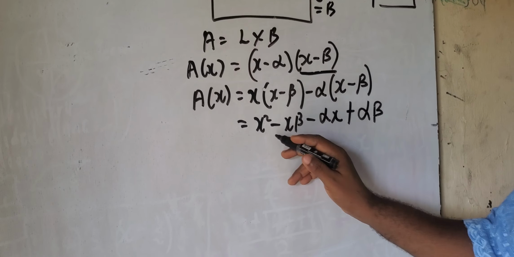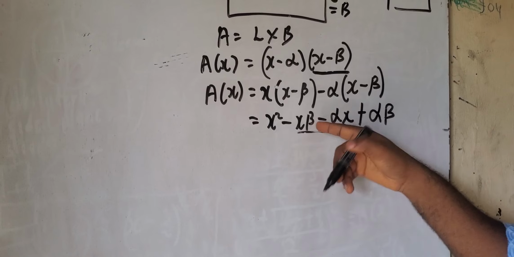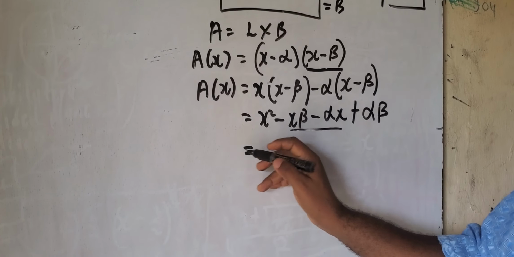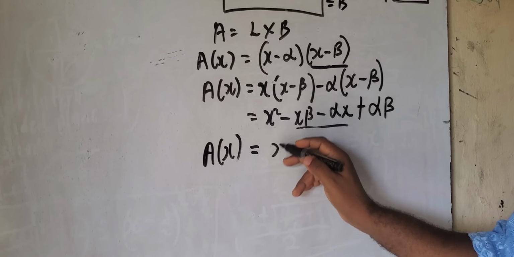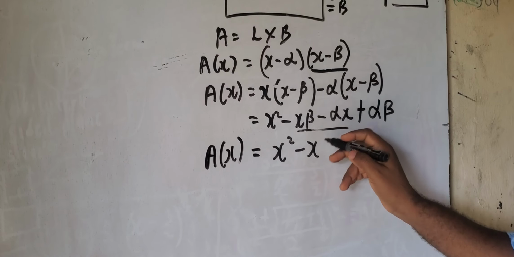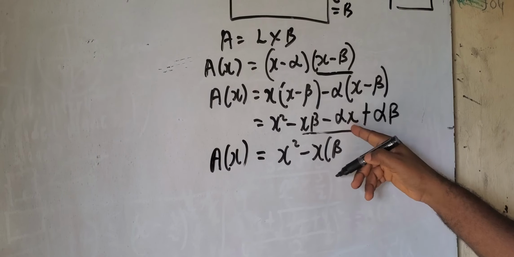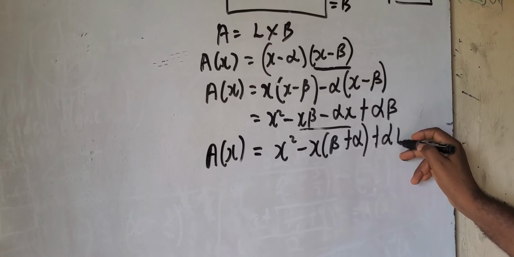Now, I can rearrange what is here because x is common. Minus x is common, so I can take minus x out. So I can have this area, which is a function of x, as x squared, factorizing minus x out. It will leave me with beta. Factorizing minus x out will give me plus alpha, then plus alpha beta.